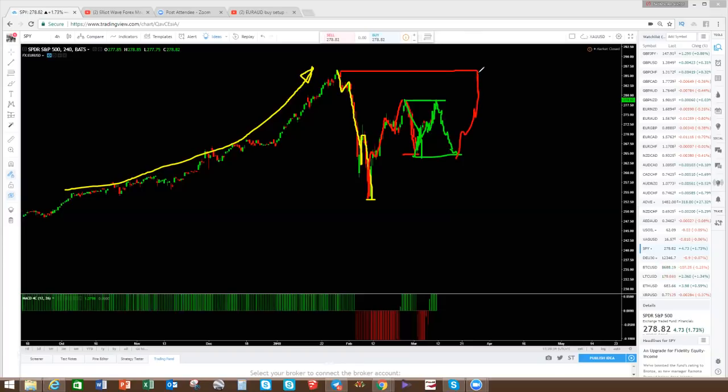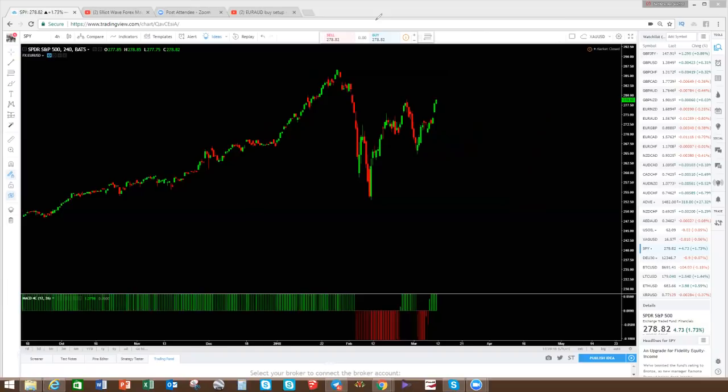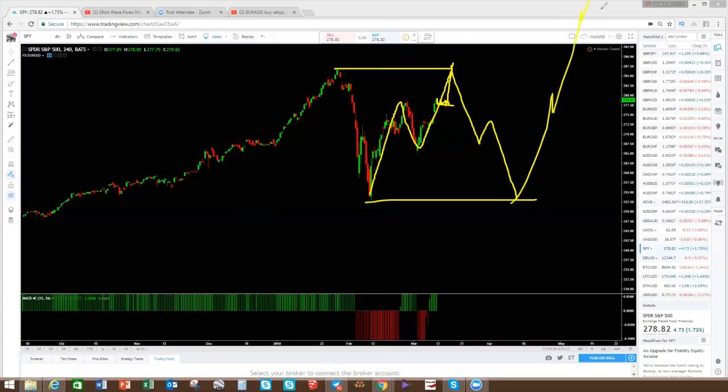I don't think it will go from here. I think it will come back down here as well before it moves up. Another possibility is that if it starts correcting here, you're going to get this as a 1, 2, 3 wave move to come and retest here before you get another 3 waves back.